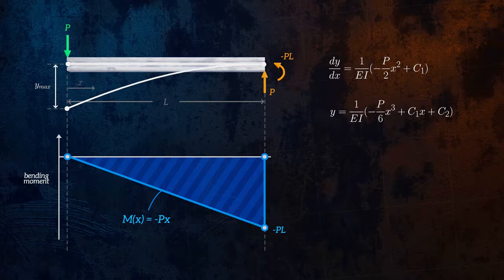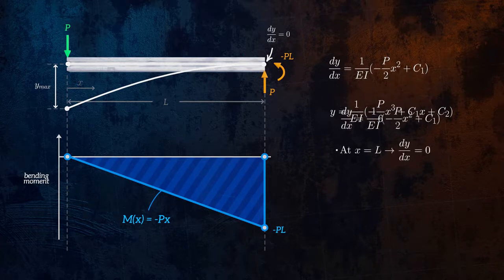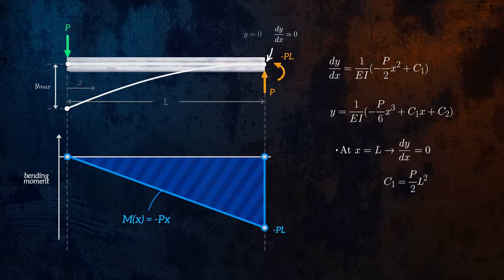At the fixed end, the beam cannot rotate, so the slope dy over dx must be equal to 0. This allows us to calculate C1. And at the same location, the deflection y must also be 0, which gives us C2.